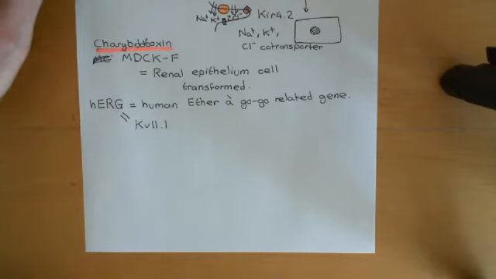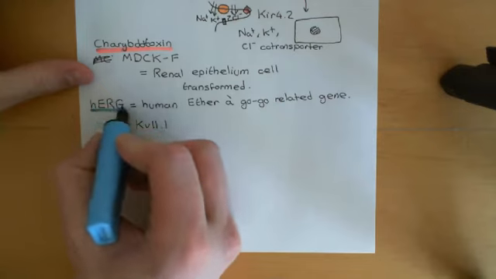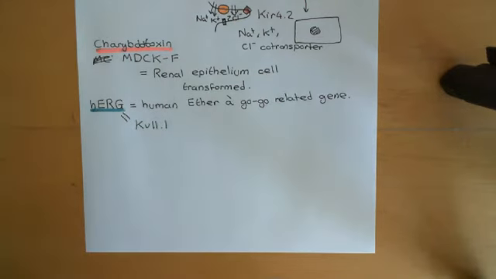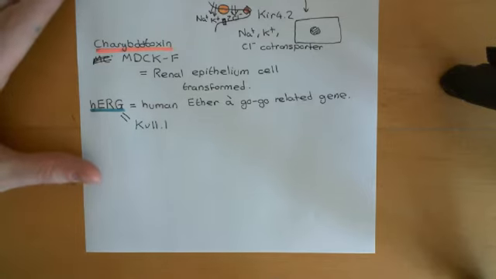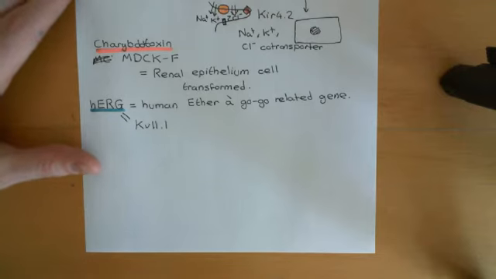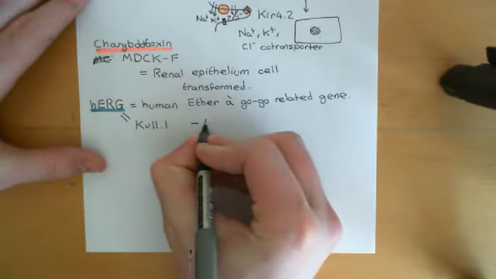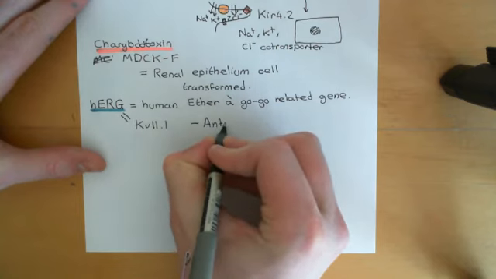The reason HERG is so famous in pharmacology is because of how important it is in the heart. It is incredibly important in the repolarization phase of the cardiac action potential, and it's one of the most famous anti-targets in drug discovery.